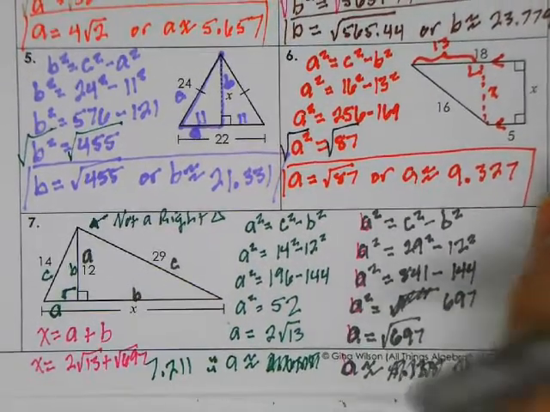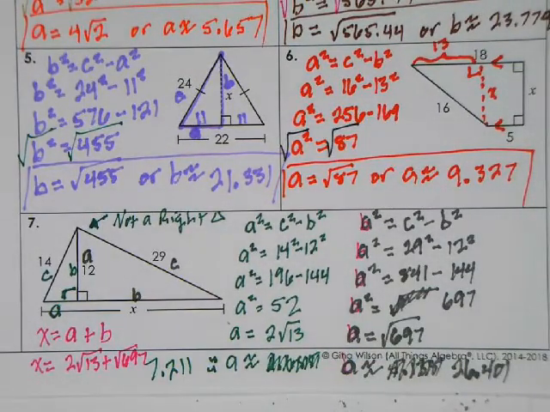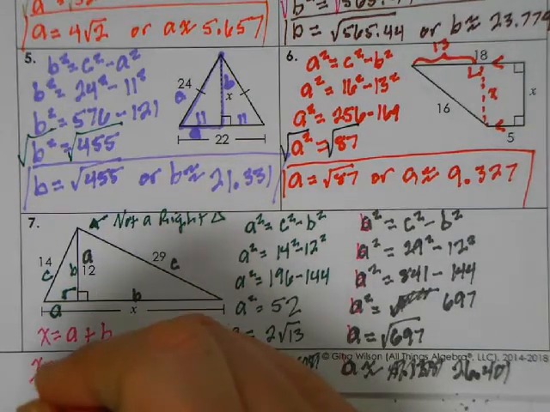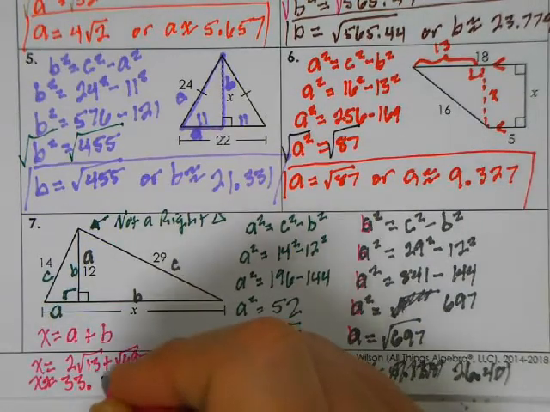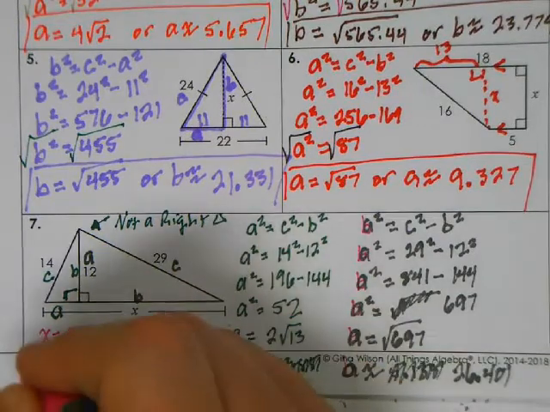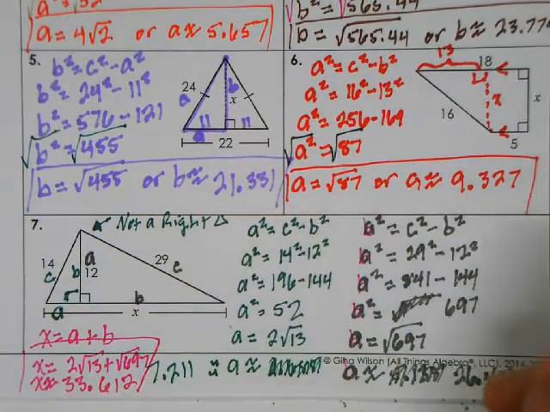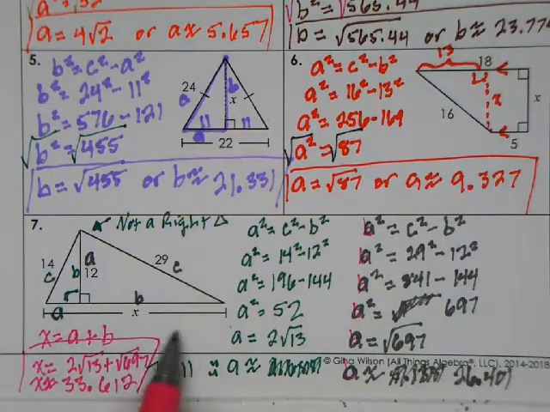That is my exact answer, but if I wanted to know what it actually was, I would go to the calculator. 2 radical 13 plus radical 697 as a decimal number is 33.612. So x is approximately equal to 33.612. These are what we would look at as our two solutions for the length of this side here that they're calling x.